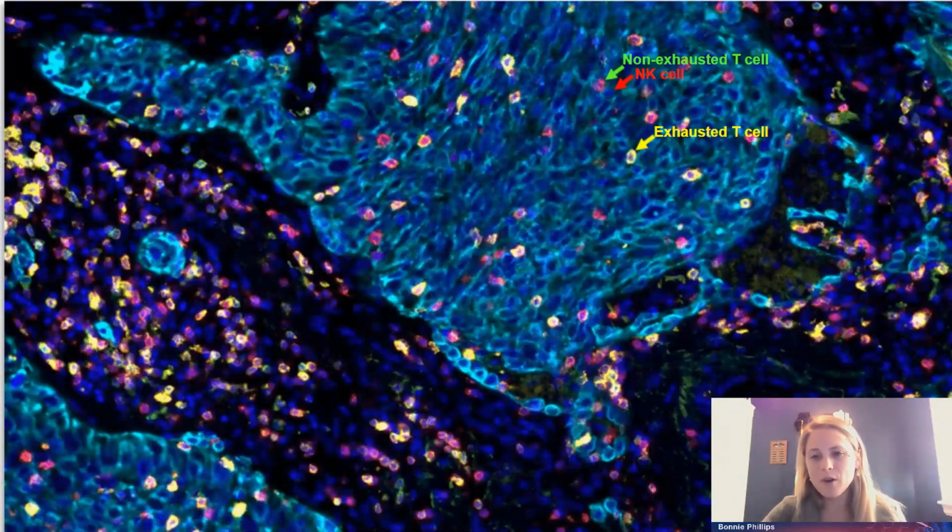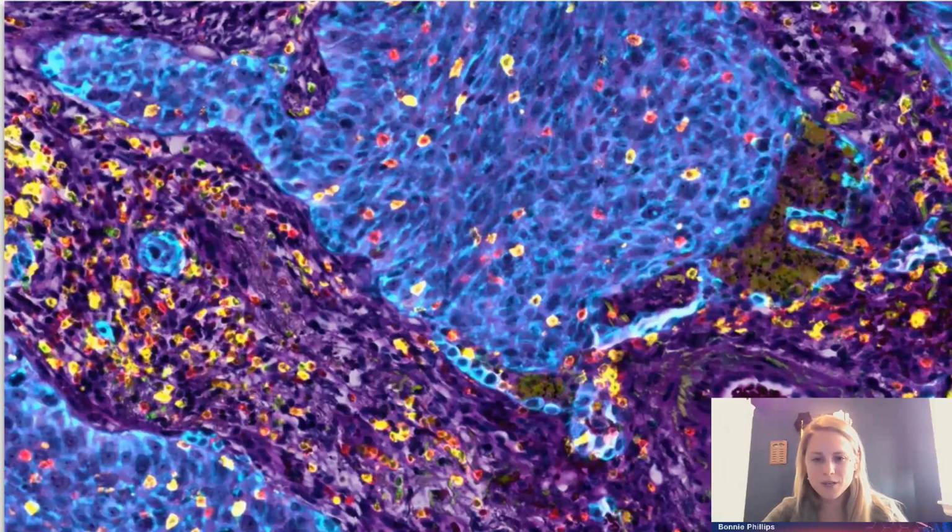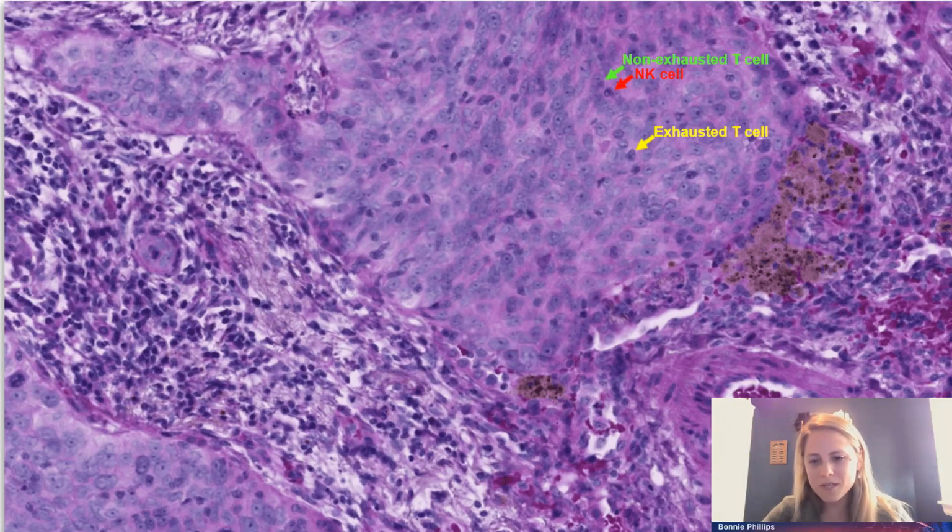Now we're going to overlay these 2 technologies. So here we have the H&E with the 3 different lymphocyte cells that we couldn't differentiate. And then here we have the fluorescent image of all 3 combined.